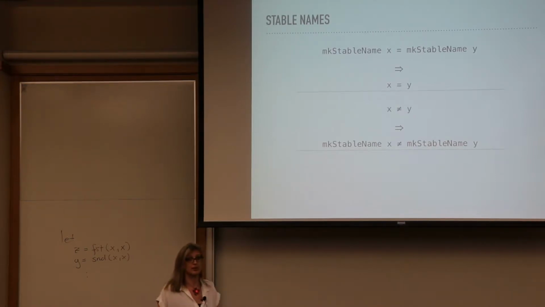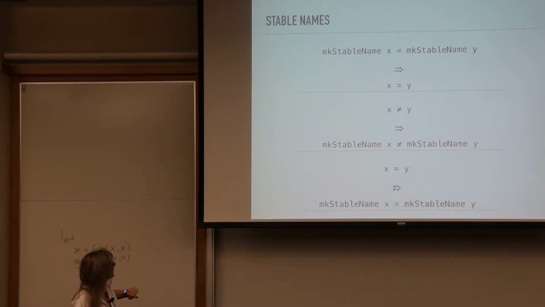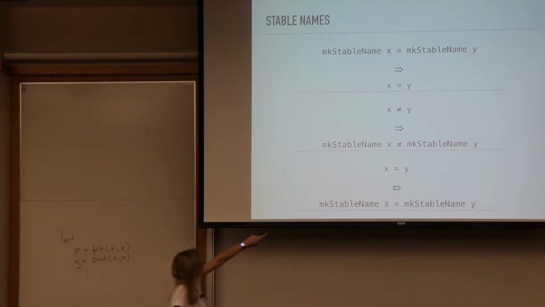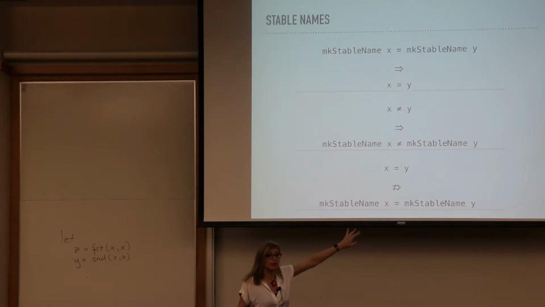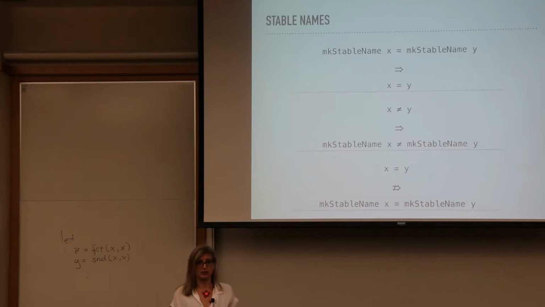Make stable names obviously doesn't return the same name, so that's basically just flipping the same statement. But also, if x and y are the same, there's no guarantee that I will get the same stable names for them. In practice, I kind of do, but the library doesn't give me guarantees.